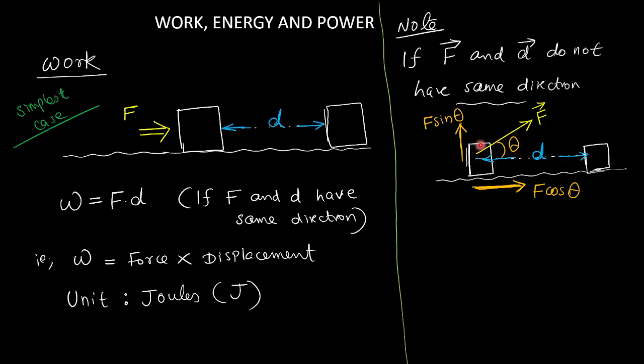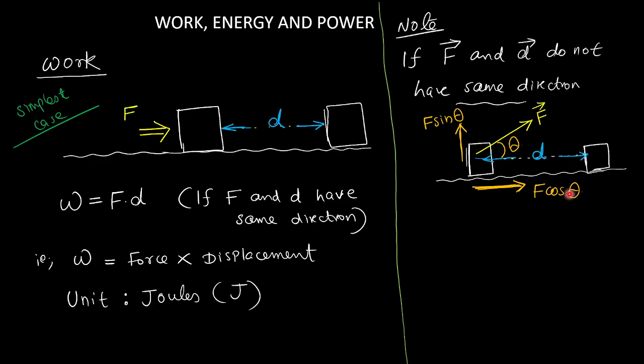So the body experiences two simultaneous forces: one is F cos theta horizontally, the other is F sin theta. But F sin theta does not have any role because of the weight of the body. The body does not go up. The body still lies on the ground. But because of F cos theta, the body has a tendency to move in the horizontal direction.